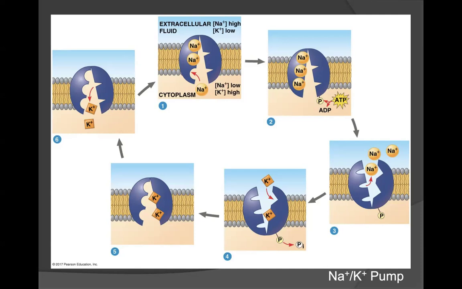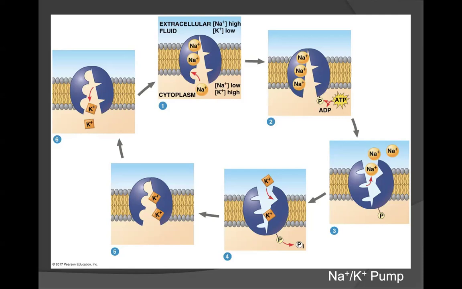So in general, if you're thinking of yourself as a cell, you're going to want to get rid of excess sodium and pump it to the outside of the cell. But when you encounter potassium, you're going to want to take in as much as possible. So that might help you remember in which direction these molecules move. Sodium will want to get out of the cell and potassium will want to come in.